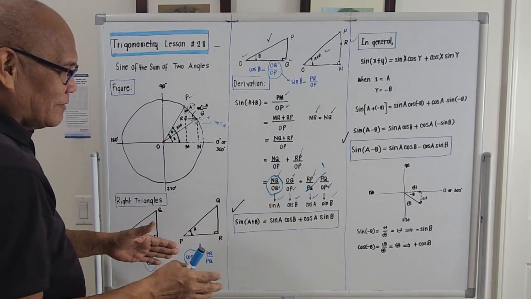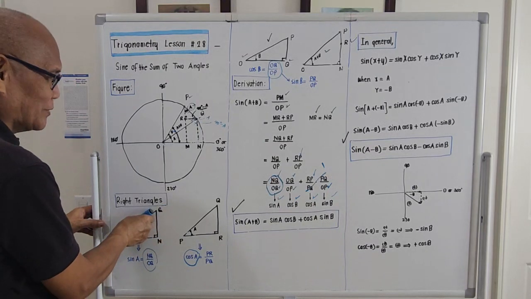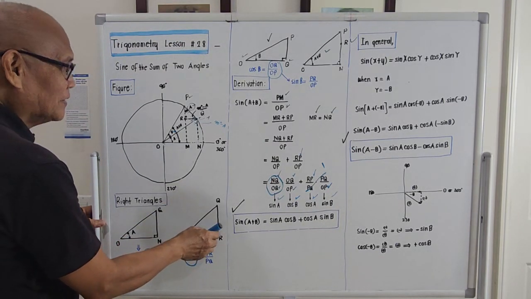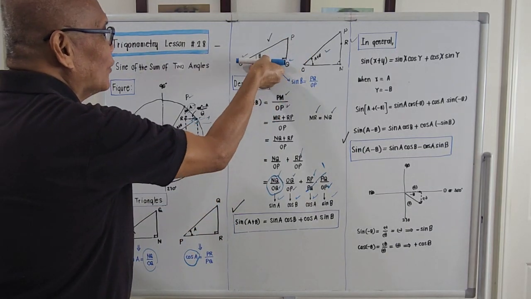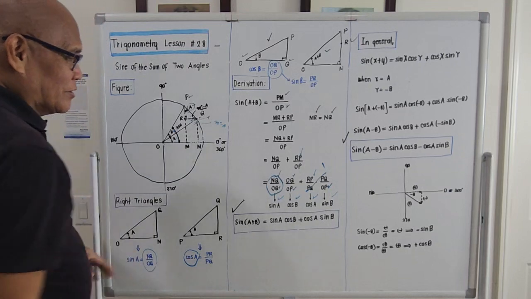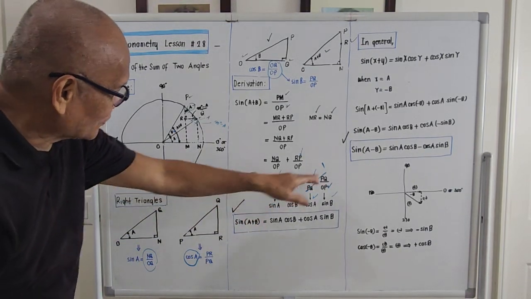Like the first one, sine is NQ over hypotenuse, and OQ over hypotenuse is cosine. So at least we now know where the four fractions emanate.